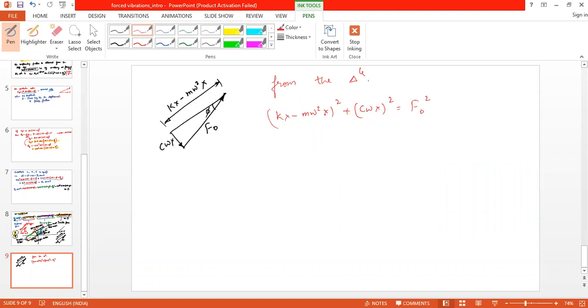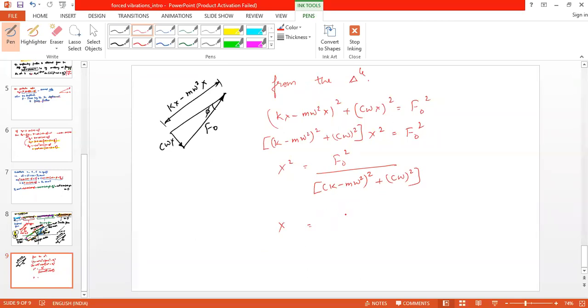Okay. So can I take x common on the left-hand side? (k minus m omega square) whole square plus (c omega) whole square, into x square, that is equal to F naught square. Or x square is equal to F naught square divided by (k minus m omega square) whole square plus (c omega) whole square.